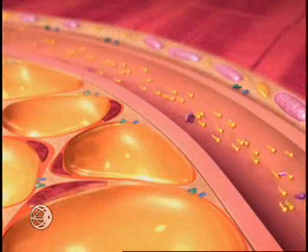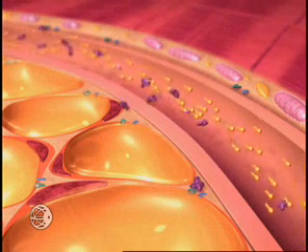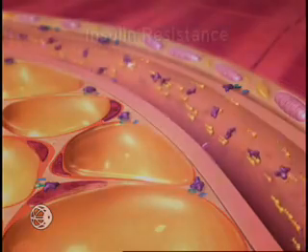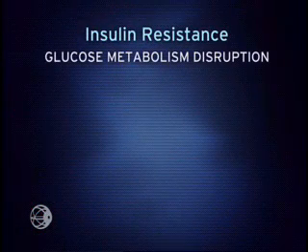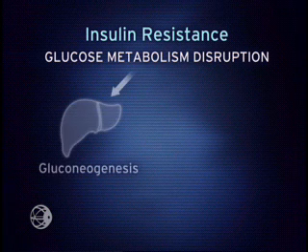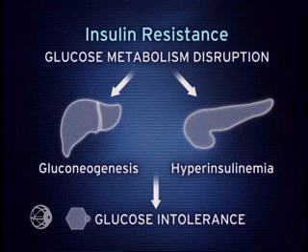Insulin resistance is a generalized metabolic disorder in which the response of tissue to insulin is impaired. This impairment results in disruption of glucose metabolism, ultimately leading to elevated gluconeogenesis, hyperinsulinemia, and glucose intolerance. Insulin resistance is also closely associated with abdominal obesity.